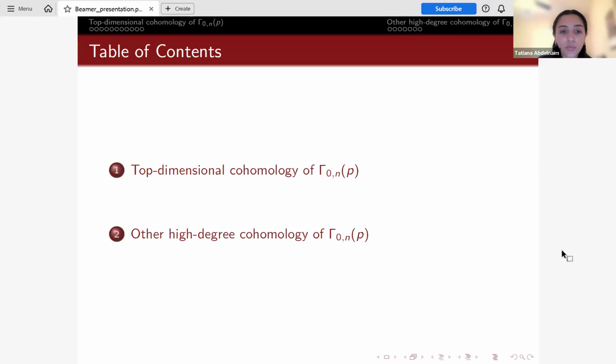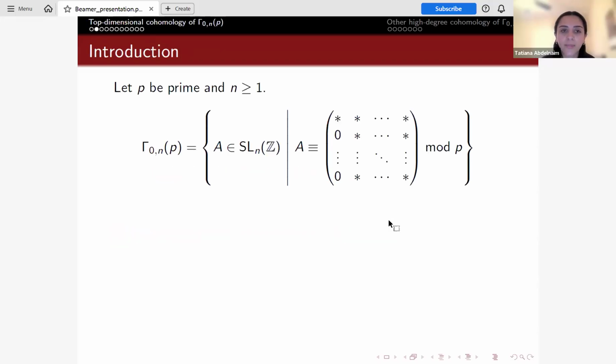This talk is split into two parts. In the first part, I'll talk about the top dimensional cohomology, and then in the second part, I'll talk about other high degree cohomology. So to introduce the main object of this talk, p is a prime number, and n is a positive integer, at least one.